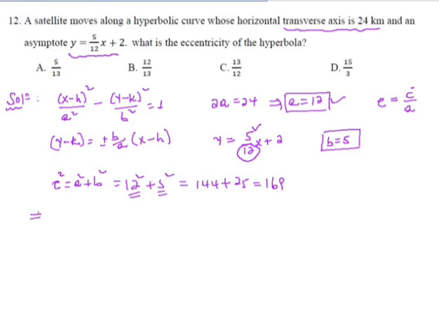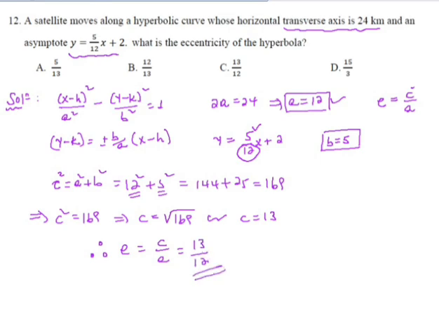So c squared is 169, meaning the c value becomes the square root of 169, or c is 13. Therefore, the eccentricity e is c over a, where c is 13 and a is 12. Therefore, 13 over 12 is the eccentricity of the hyperbola.